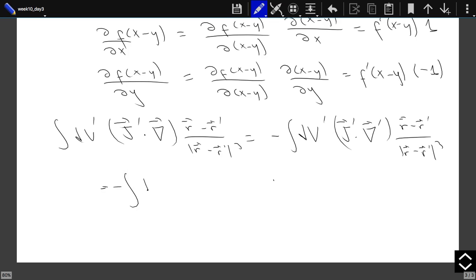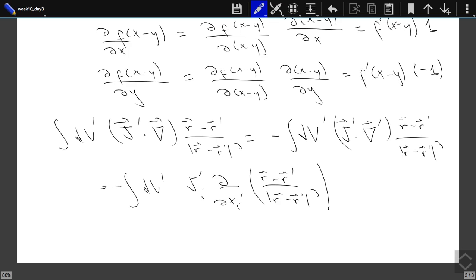This is equal to minus dv prime ji prime del over del xi prime r minus r prime over r minus r prime cube. I just wrote the indices explicitly.